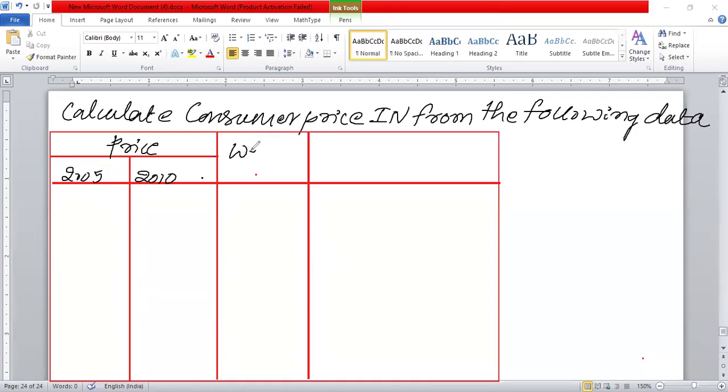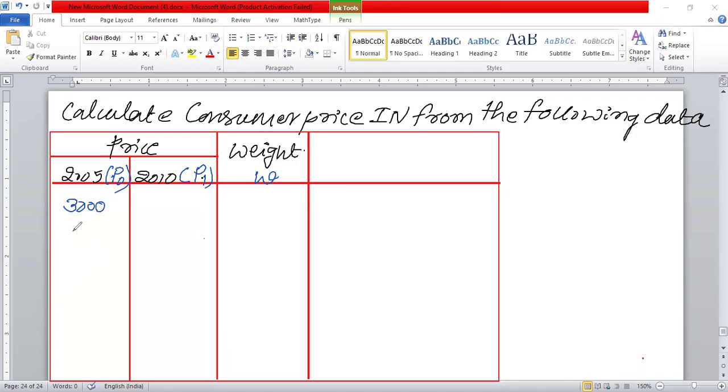Here there is a weight. Okay, this is P0. This is P1. This is weight.